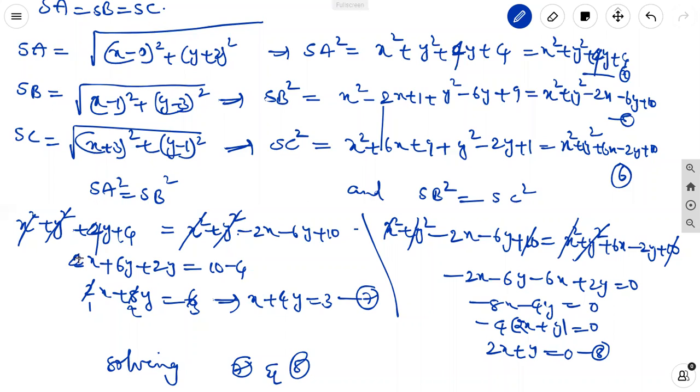This is 2x plus 6y plus 4y. 6x plus 6y. 4y. It's wrong. Now here we get the simplification mistake.